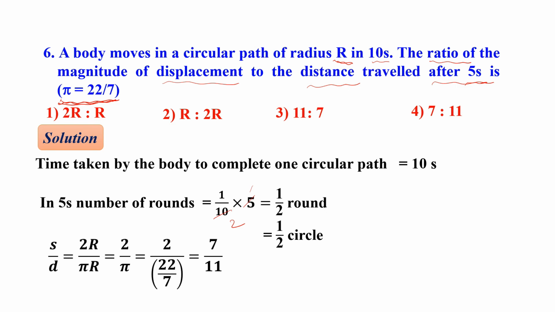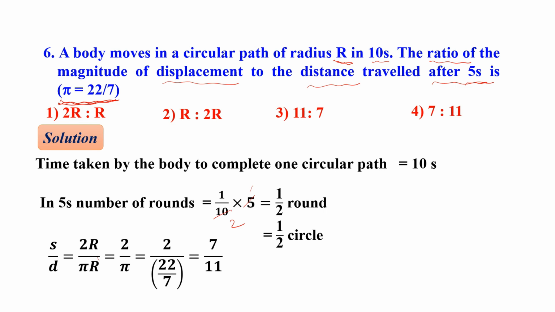So here 2r by pi r. Here we are calculating the ratio of displacement to the distance travelled. Displacement 2r, distance pi r. This is for half revolution or half round. 2r is the displacement and the distance is pi r.